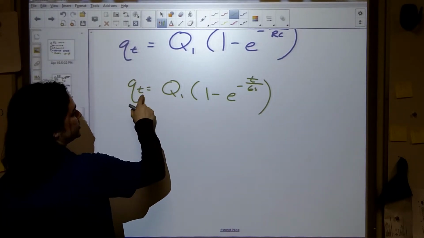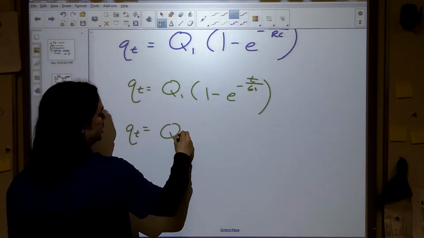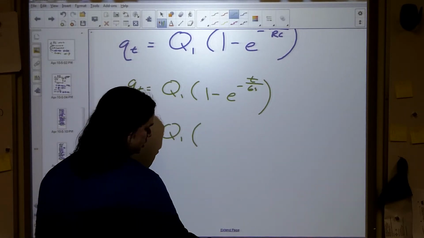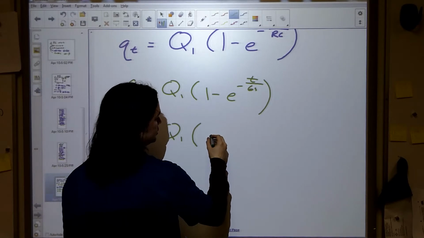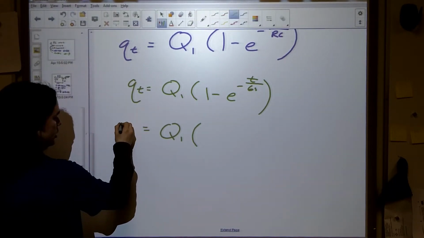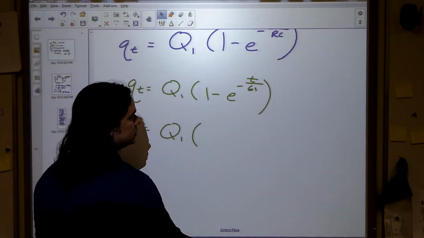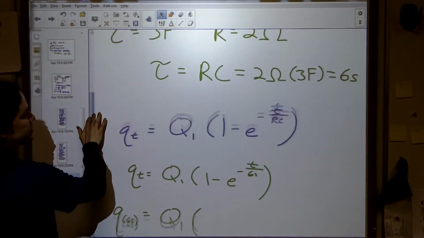The charge on the capacitor versus the total charge ends up like this. Q of t equals my total charge times 1 minus, here's where I'm actually going to bring something in, I apologize, not Q of t, Q of 6 seconds. This is the idea behind the time constant.